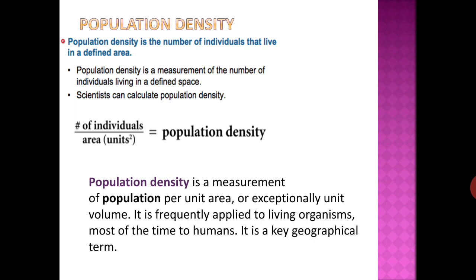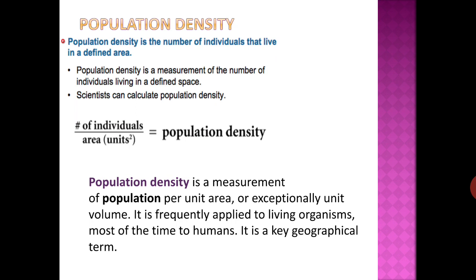And now let us have a look at the population density. What does population density mean? Population density is the number of individuals that live in a defined area, in a very particular place. How many people are living? Population density is a measurement of the number of individuals living in a defined space.